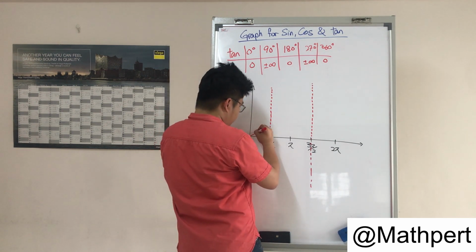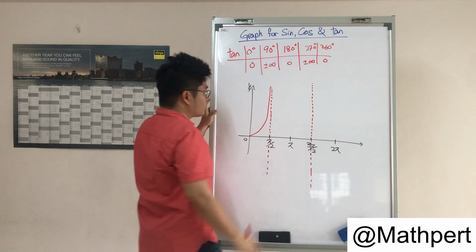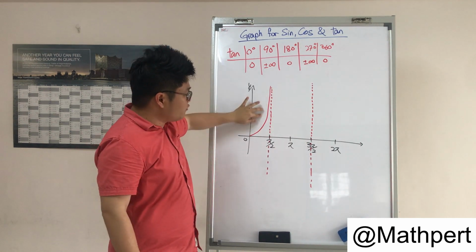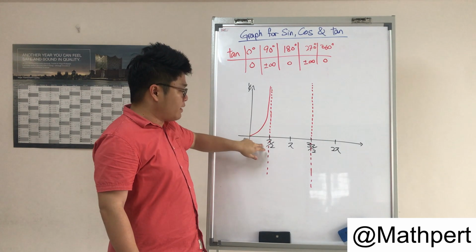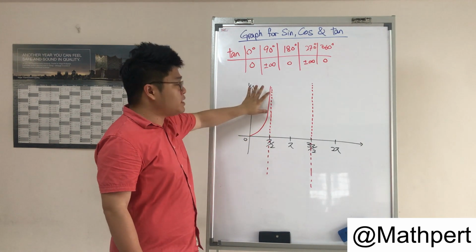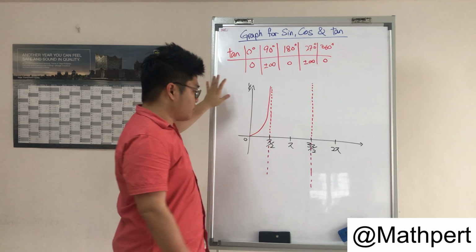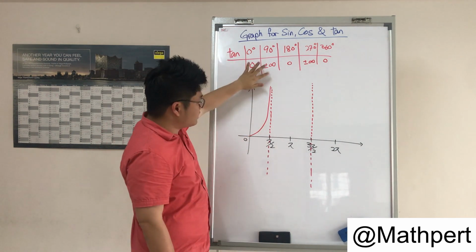This is the graph. This curve will never touch 90 degrees, pi divided by 2. They will only meet at infinity. So this is plus infinity.